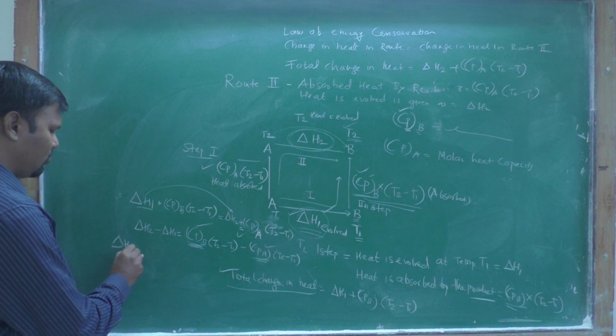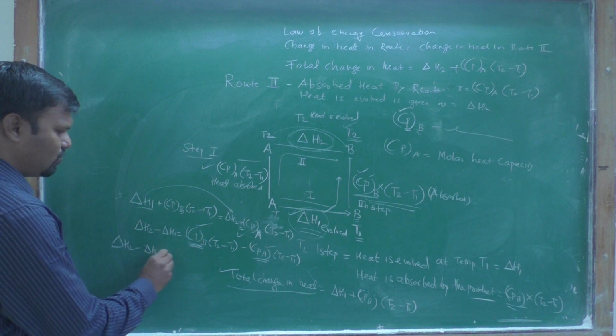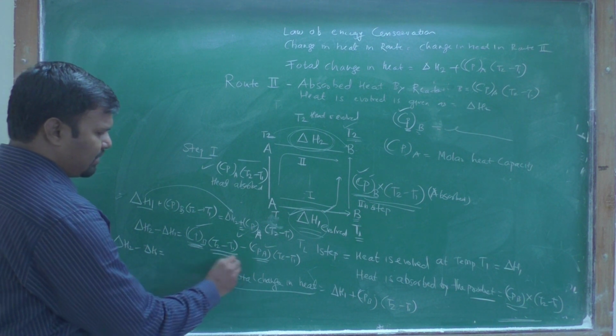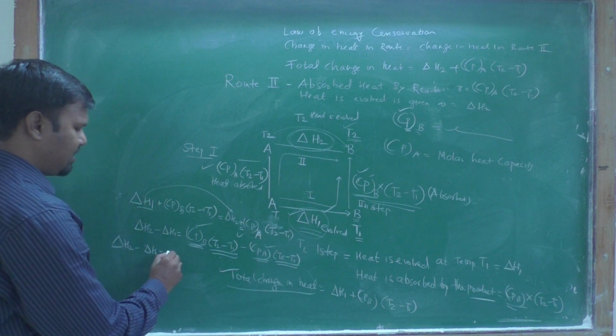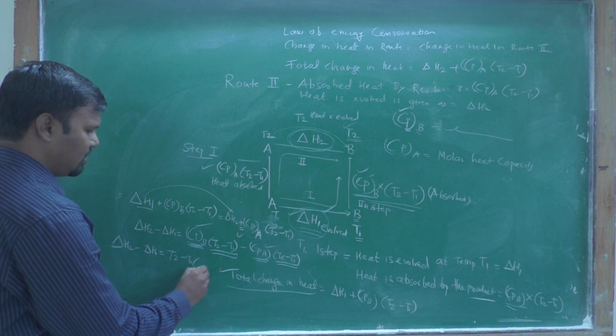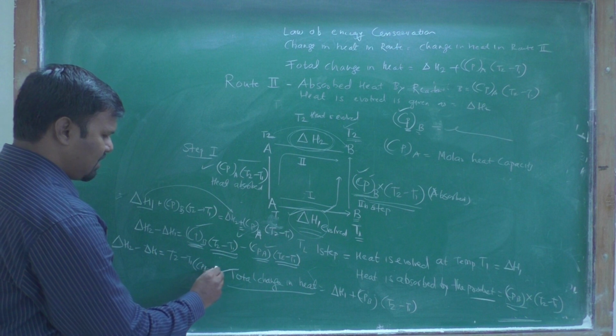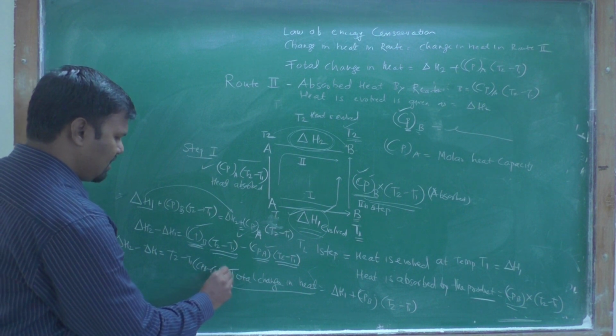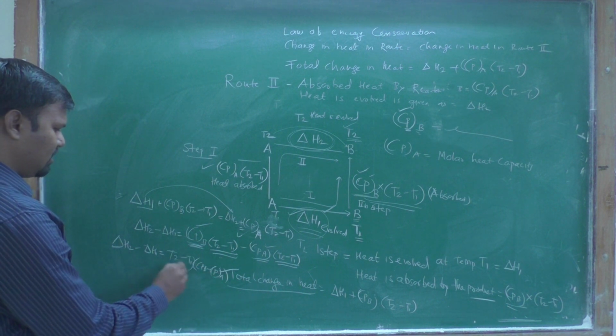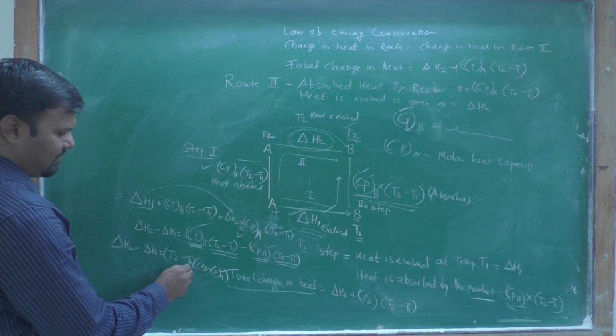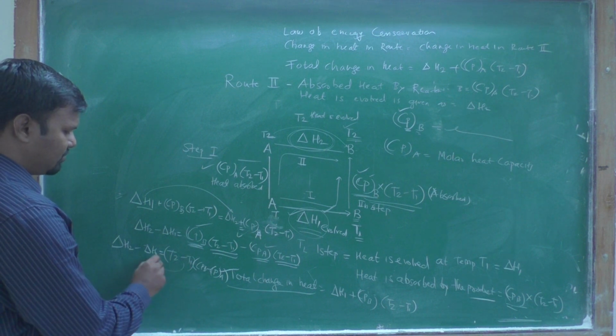Therefore, delta H2 minus delta H1 is equal to, taking the common term T2 minus T1 outside the bracket, CPB minus CPA. Then this T2 minus T1 we will move to the left hand side.